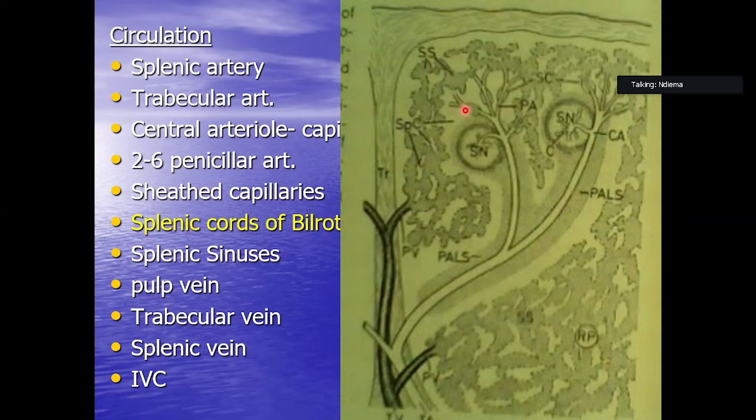So this is the open circulation. This is the closed circulation. Remember that in the closed circulation, blood flows entirely surrounded by endothelia. And then after the splenic sinuses, it gets back into the venules.